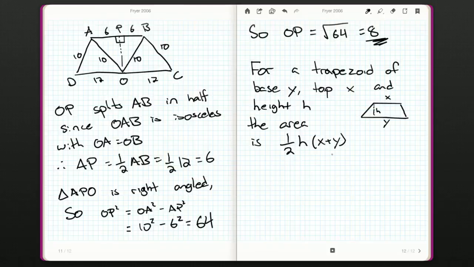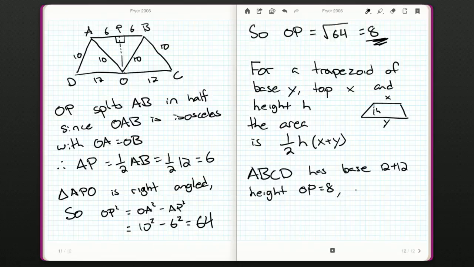So, we have an area here. Well, fortunately, for our trapezoid, we know the base and the height and the top length. So we have a base of 12 plus 12, DO and OC, that's 12 plus 12. We just figured out the height, and we know the top is 12.